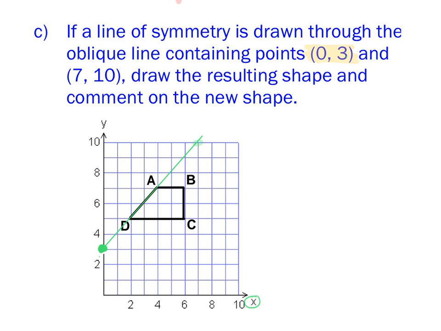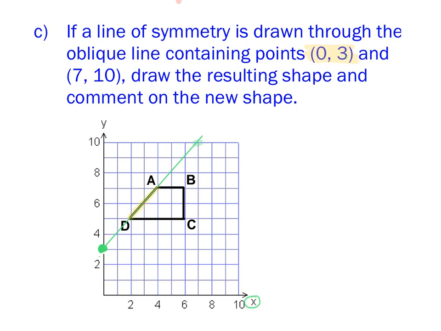And what we see is that it goes along exactly this part of the shape. So what we're going to do is we're going to reflect the trapezoid over that line. So what happens when we do that?